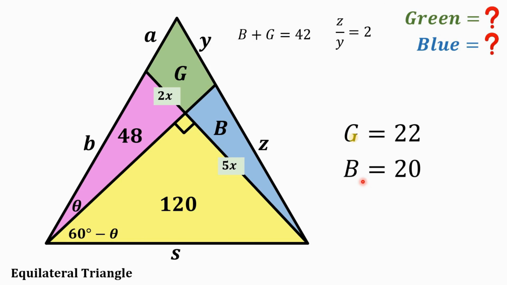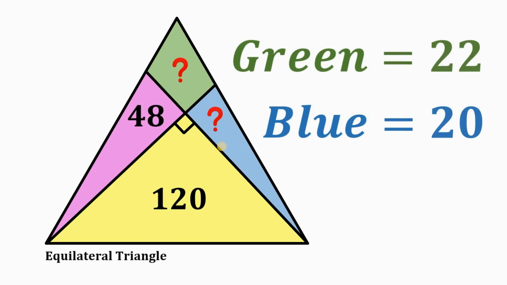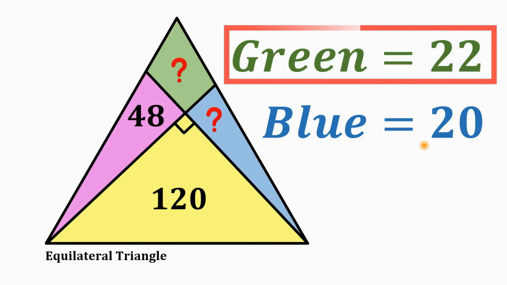In short, the area of this green region is 22 square units and the area of this blue region is 20 square units. Therefore, given this figure, the area of this green region simply equals 22 square units and the area of this blue shaded region simply equals 20 square units.